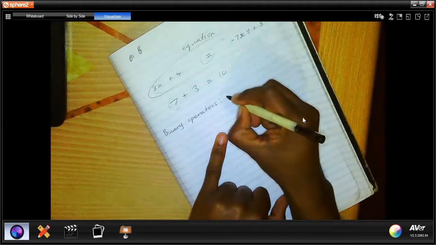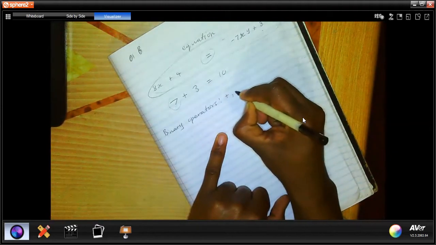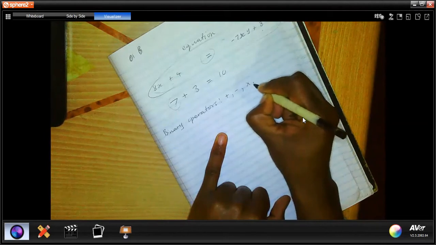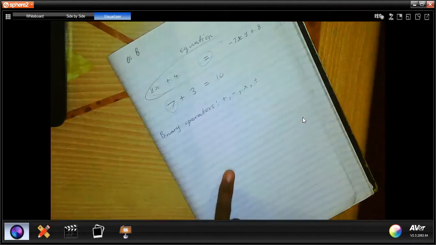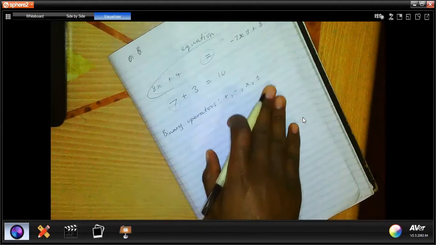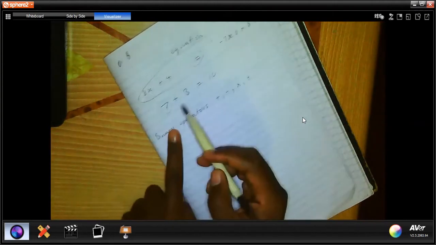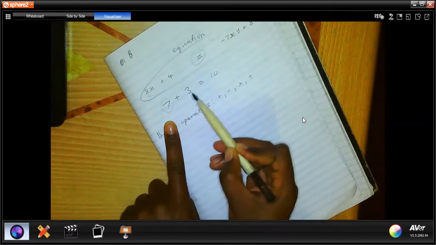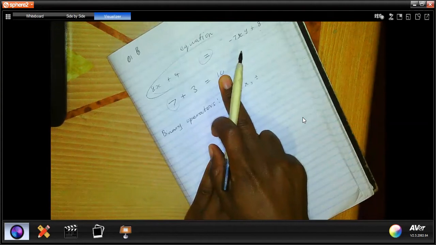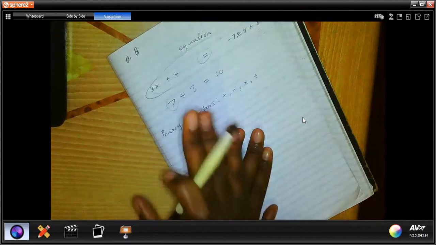And binary operators, you get a plus, a minus, a times, a division. These are the basic binary operators. Binary operators meaning they take two numbers and they mash them together to get one number. That's why they are called binary operators.